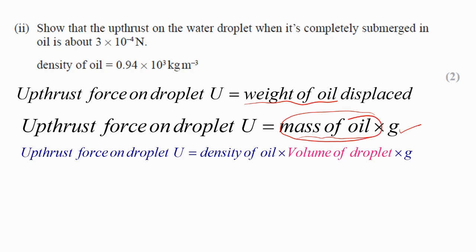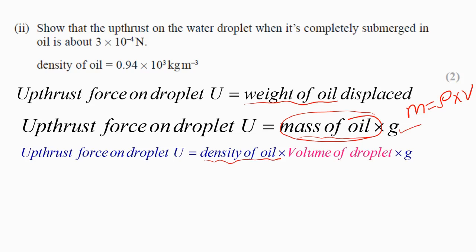Mass is equal to density times volume, that is the density of the oil times the volume of the droplet. Why are we using the volume of the droplet? Because the volume of oil displaced is equal to the volume of the water droplet. That is the important factor here.